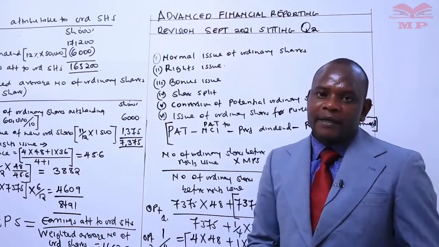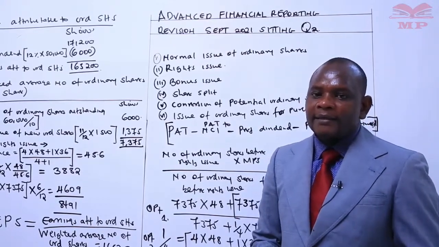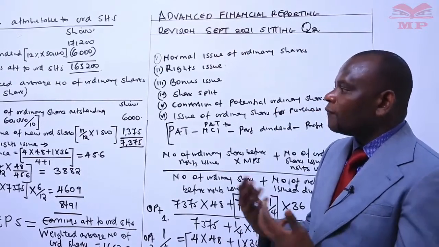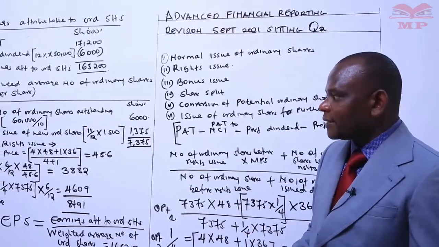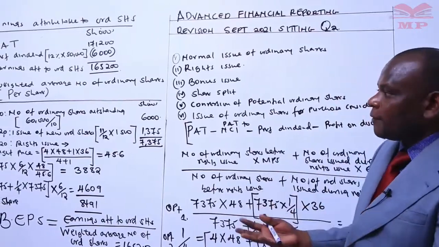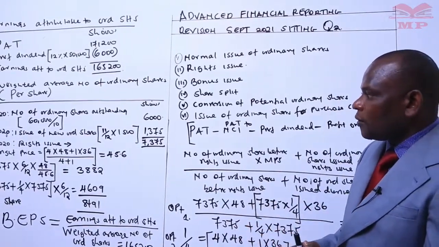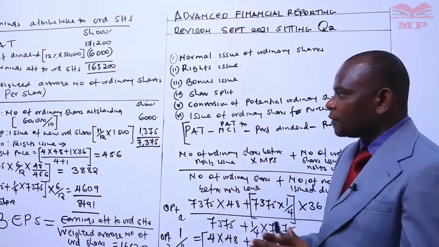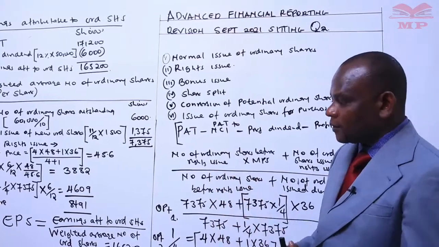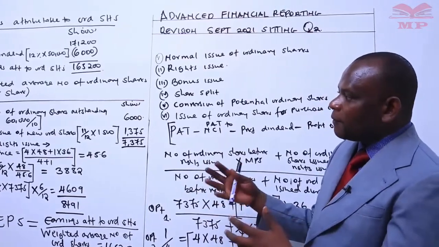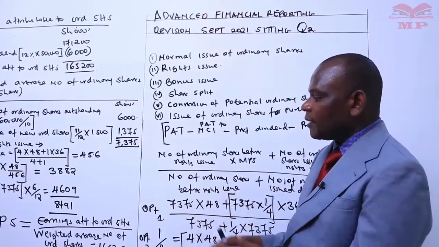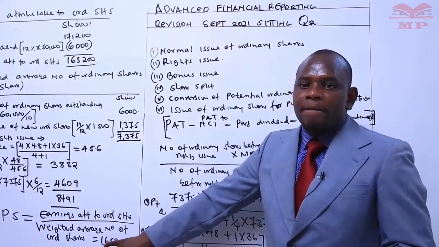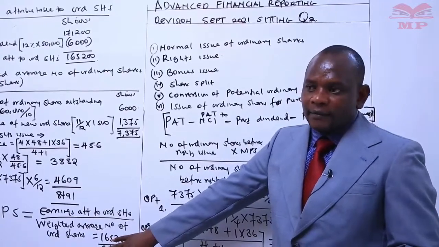concerning the basic EPS. Suppose the holders of convertible preference shares, the holders of convertible debentures or loan stock or bonds, or the employees exercise their options. If these people become shareholders in the future, what will be the impact on the basic EPS?